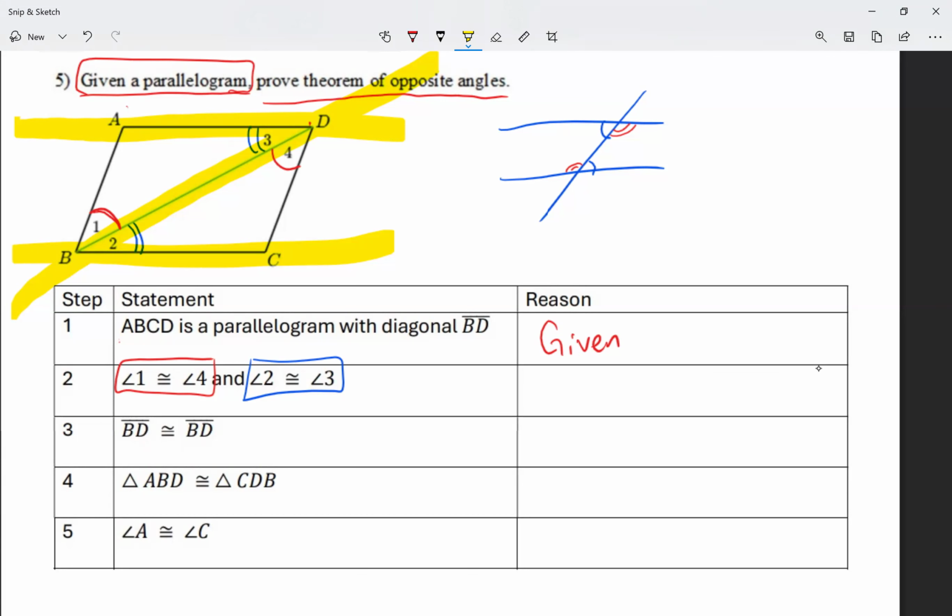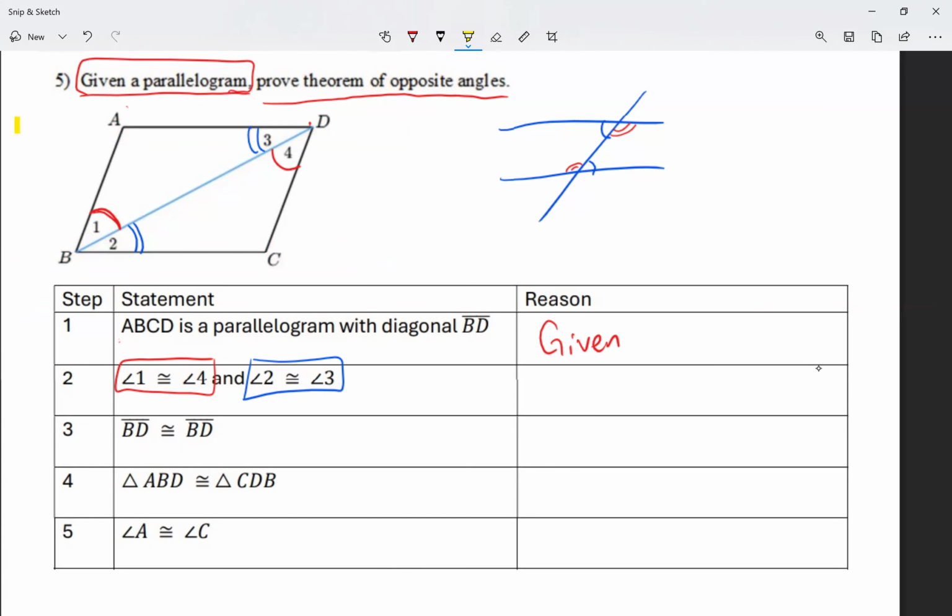For that one, we will have to use another angle here, because here I can see angle 2 is equal to angle 3 because of alternate interior angles, but not angle 1 with 4. But what if I chose these two to be my parallel lines and this other one to be my transversal? Then I will say angle 1 is equal to angle 4 for alternate interior angles.